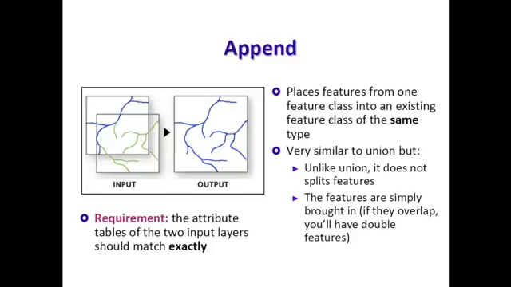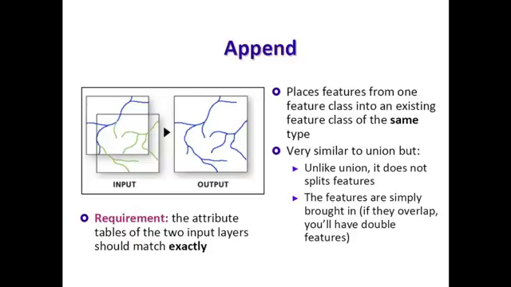Okay, so that's the overview of buffer. Append is another tool where what you're doing in append is you're taking your features from one existing feature class and you're adding it to another feature class. It's the same sort of idea as union, except it's not going to split your features. They're just going to get overlaid on top of each other.